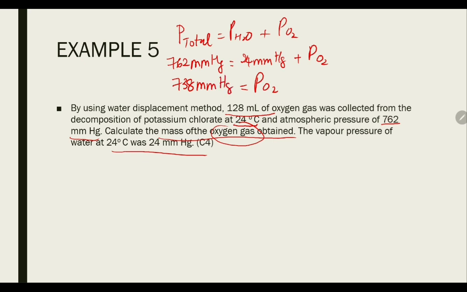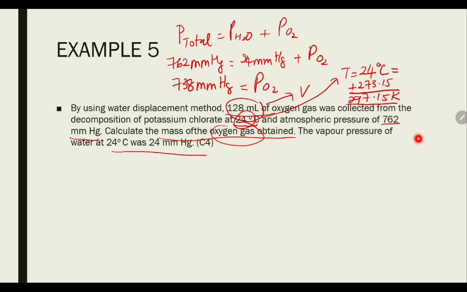You have the volume, and the temperature is 24 degrees Celsius. If you convert to Kelvin, just add 273.15, which is equivalent to 297.15 Kelvin.